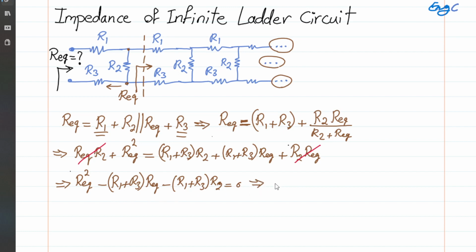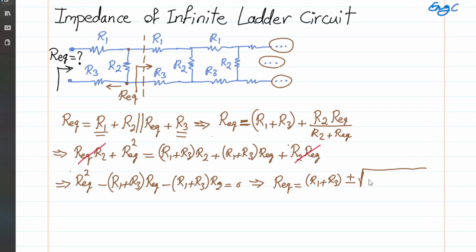We know that the solution for this would be R equivalent equal to minus B, so it would be R1 plus R3, the coefficient for R equivalent. Mathematically, you would say plus minus. I'm going to show you that minus is not a valid solution here, because equivalent resistance should be a positive value, not a negative value, given that there is no active component in this circuit. It's all passive resistors, so the equivalent resistor should be a positive number.